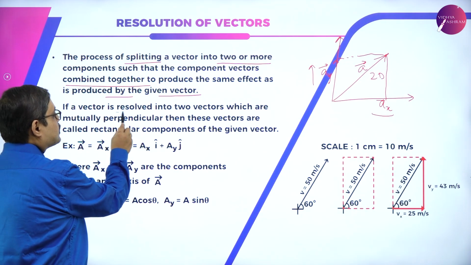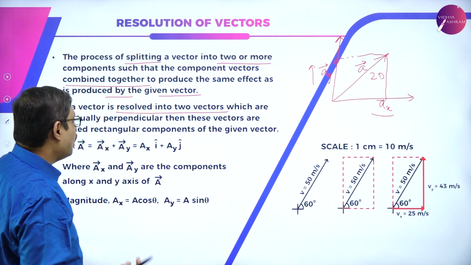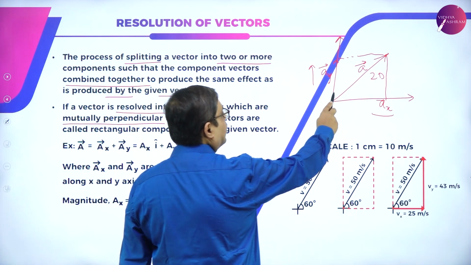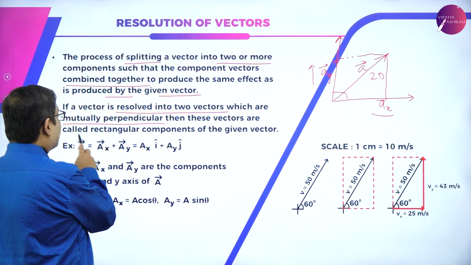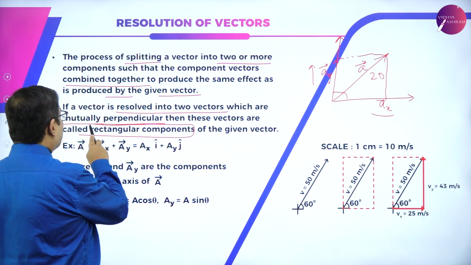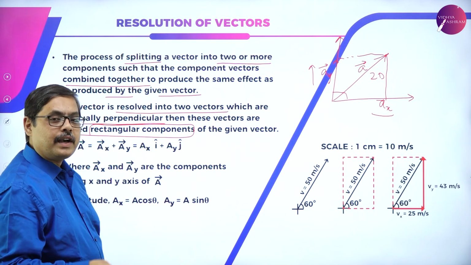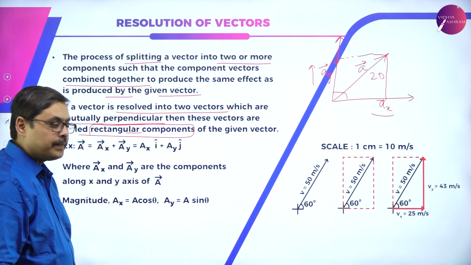If a vector is resolved into two vectors, I want to split it into two parts which are mutually perpendicular. See, AX and AY are mutually perpendicular. Then these vectors are called rectangular components. So if I am splitting it in such a way that they are perpendicular to each other, then they are called rectangular components. Okay.